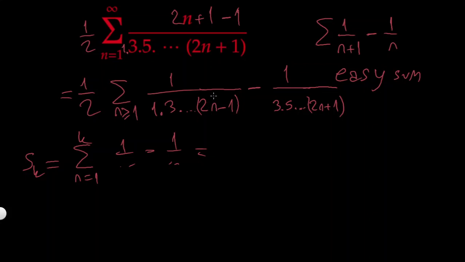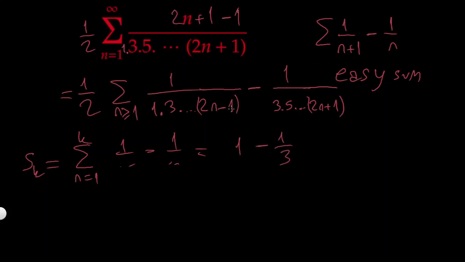When I put n equal to 1, I'm multiplying 1 up to 2 times 1 minus 1, which is just 1. So I only have 1 from this term. And from here, if I put 1, it's 3, so it's minus 1 over 3.